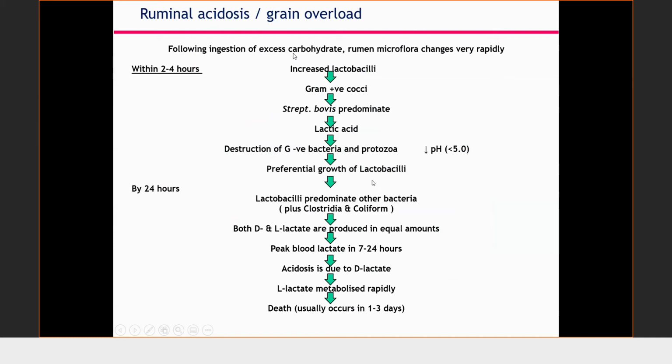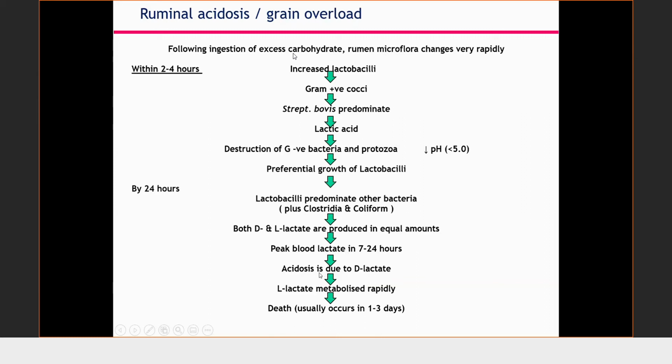So the flora grows preferably on Lactobacillus, so Lactobacillus is predominant, plus there will be Clostridium and coliforms within 24 hours.